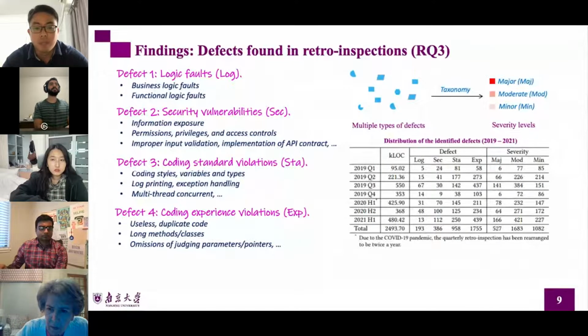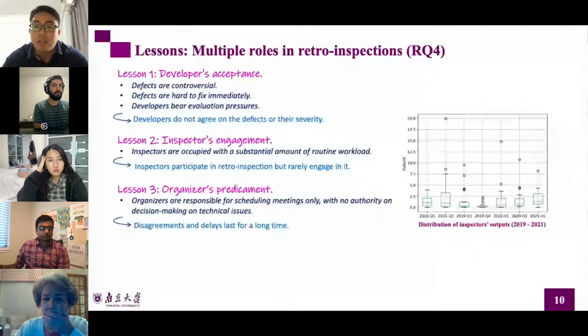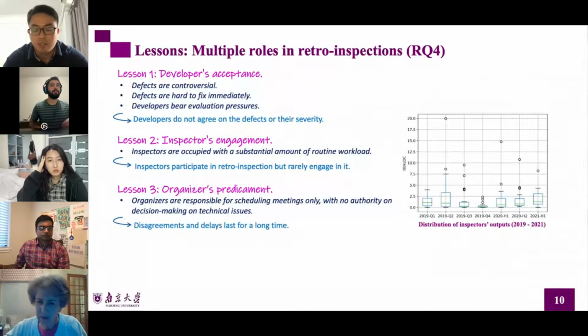Quite a few of them are serious and should be highly considered, which confers the unique value of retro inspections. Finally, for the last research question, we found that despite its many benefits, retro inspection also suffers from issues of developers' acceptance, inspectors' engagement, and organizers' predicament. Therefore, it has not worked completely as expected and needs improvement.